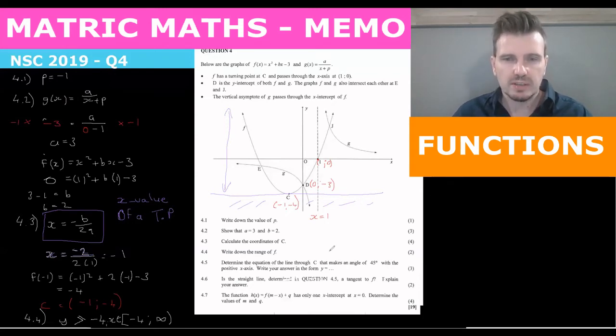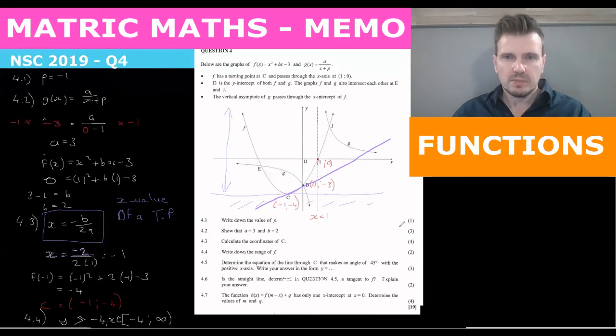Determine the equation of the line through C that makes an angle of 45 with a positive x-axis. Okay, so the line that goes through C that makes an angle of 45 with a positive x-axis. So let's just draw that line. It goes like that.